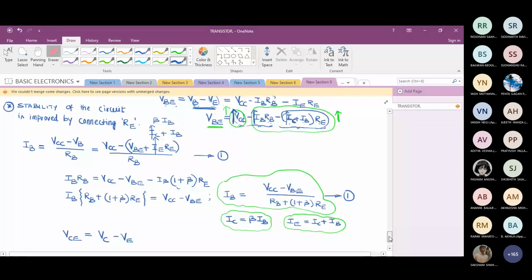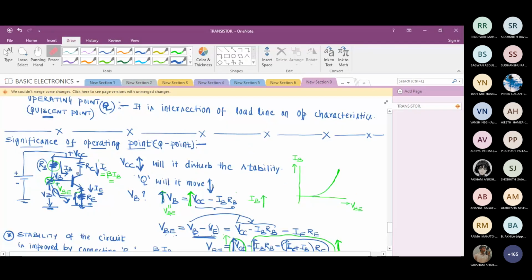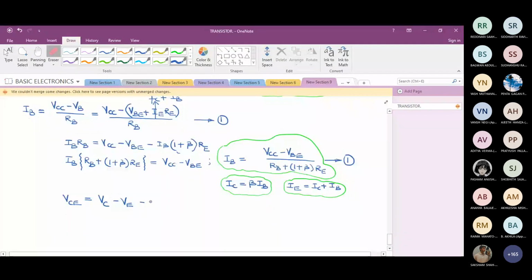Yes, exactly. What is the voltage at the collector? Is it VCC minus ICRC? Do all agree? Yes, sir. So I can write VCC minus ICRC.